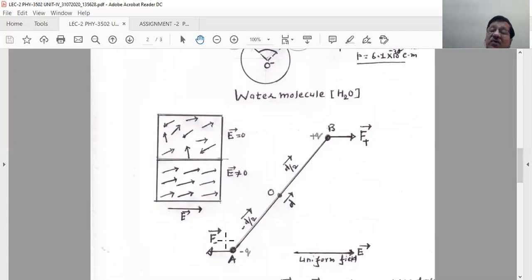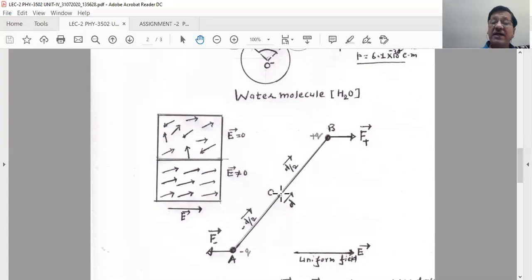Since F1 and F2 are the same, and here theta is the angle pi, so cos pi is minus 1, you will have the net force equal to 0. But because both forces are acting in opposite directions, your dipole will experience a torque with respect to the origin. So this dipole will experience a torque, and we want to find out the expression of the torque.